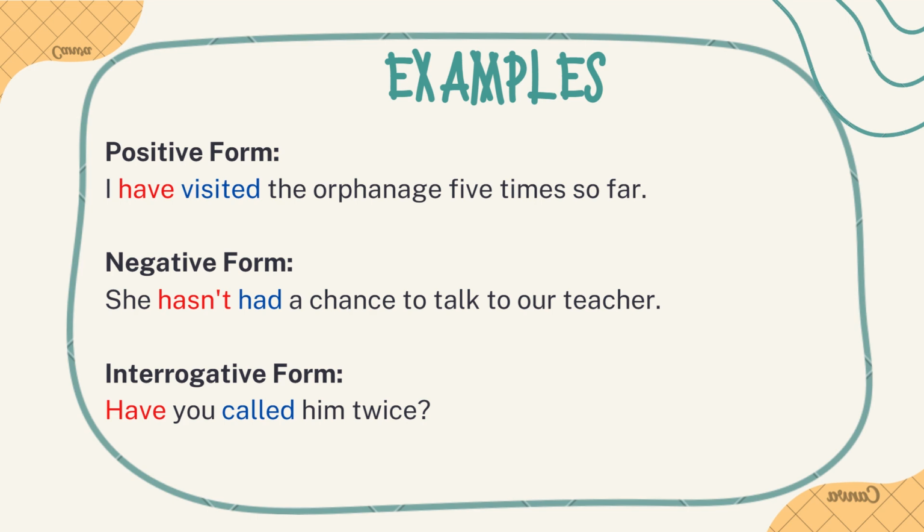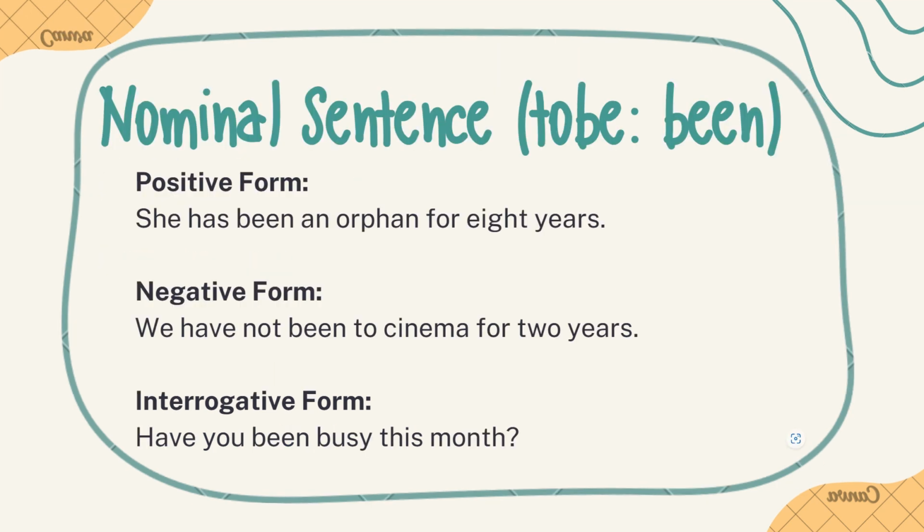Alright, and now we're going to move on to the nominal sentence, or the sentence that uses to be or helping verbs as the main verbs. Nominal sentences in present perfect use been in the sentences.